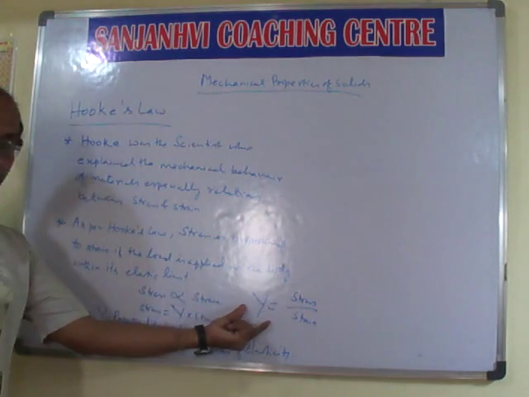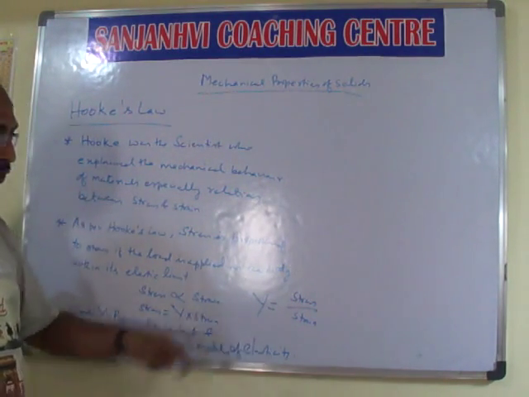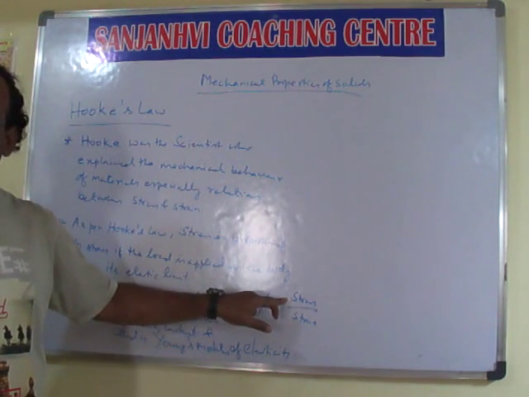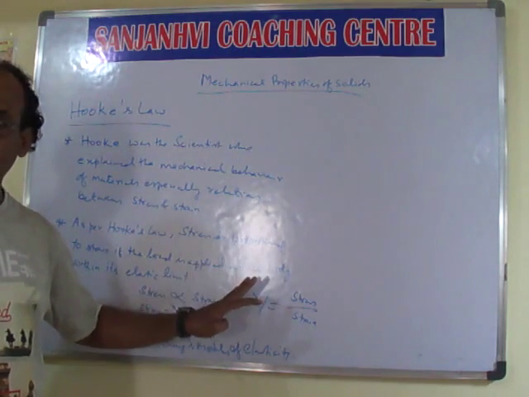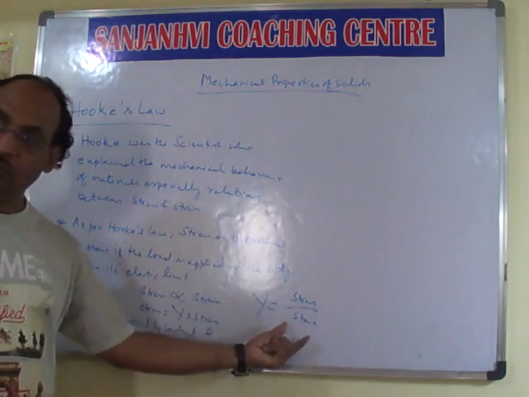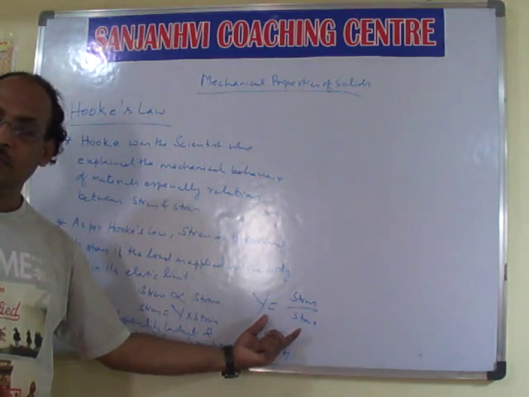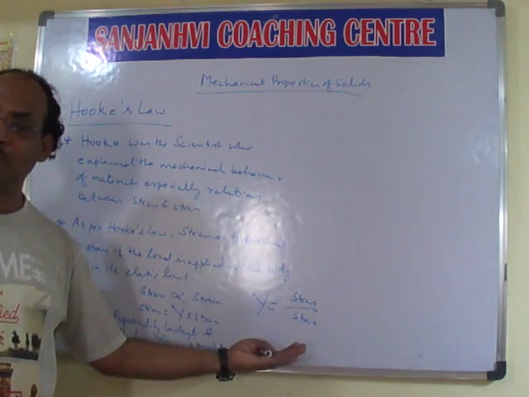Now what will be the unit of Young's modulus? What is the unit of stress? Newton per meter square. What is the unit of strain? No unit. Deformation per unit length.